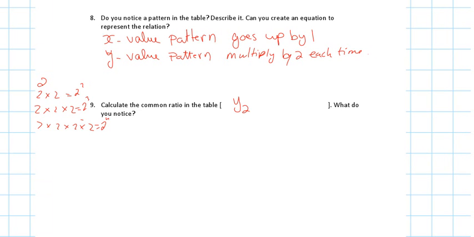We said that the first ratio is constant, and it was equal to 2. Are we good with that?